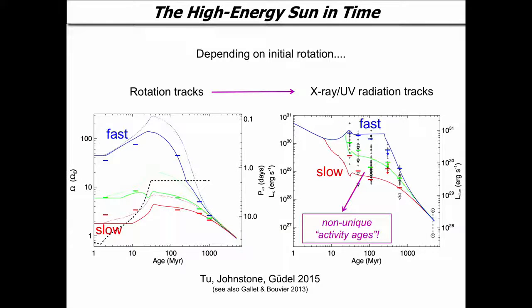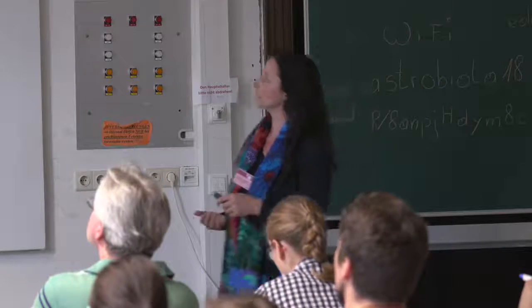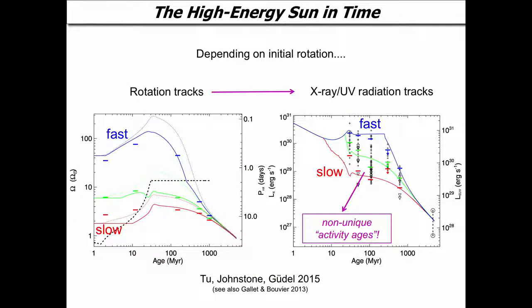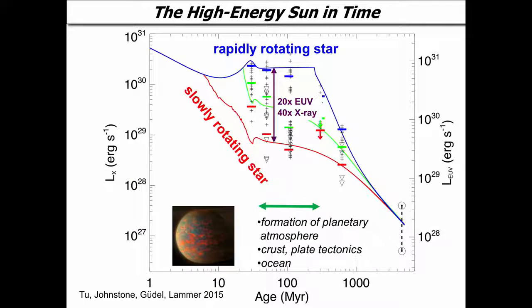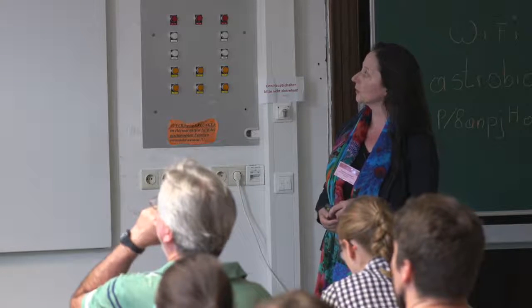So we are facing non-unique activity ages. And of course, I guess you can imagine that this makes a big difference for planets around the different solar type stars. And what needs to be mentioned as well, exactly this period is the important period for a star-planet system to evolve into a habitable or non-habitable one, as the formation of the planetary atmosphere is happening exactly in this period.